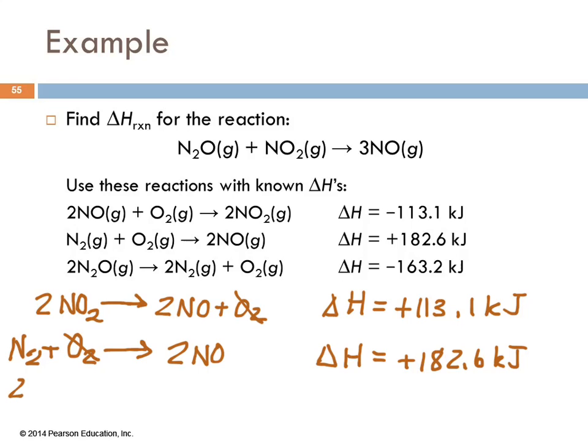So I'm going to put 2 N2O. And that's going to go to 2N2 plus O2. And the delta H for that one is minus 163.2.